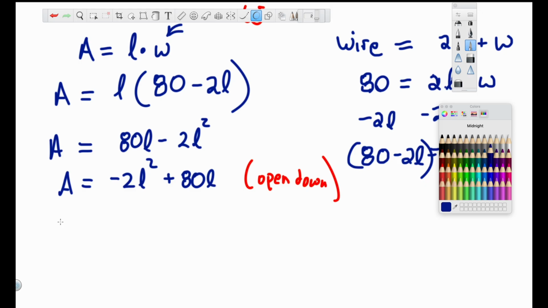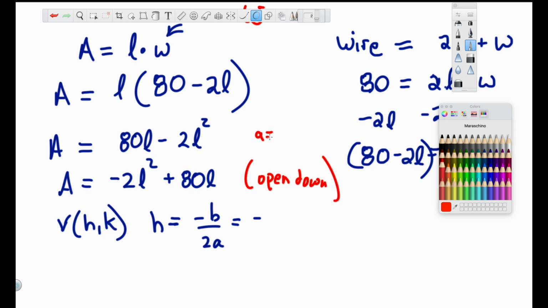So our vertex is (h, k), right? Our x and y values we call h and k. And the way we can find h is by saying negative b over 2a finds the x-coordinate of our vertex. So negative b is 80. Notice there's no c here, so my c value would be 0. Let's just write it: a is negative 2, b is going to be 80, and c would be 0.